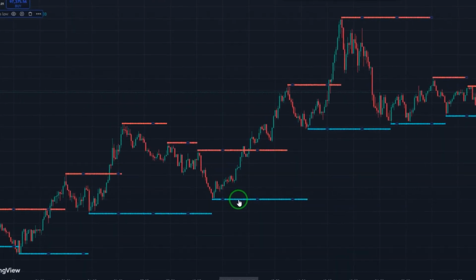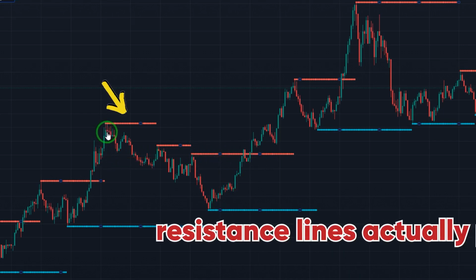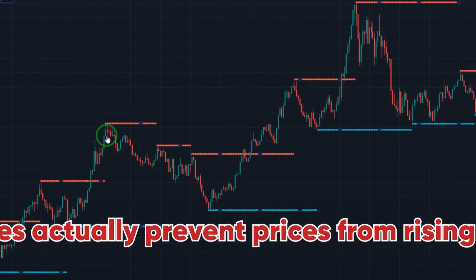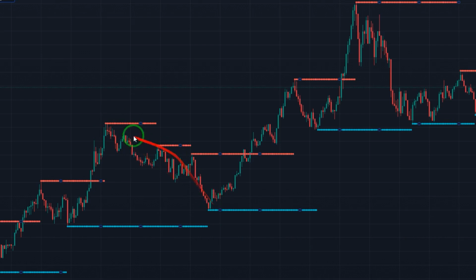As the name of this indicator suggests, we're looking at the series of lines on the chart as support and resistance, which are very important for us, and many traders base their trades and strategies solely on these lines. For those who don't know what these lines are, resistance lines actually prevent prices from rising and act as a barrier against price increases in an uptrend.